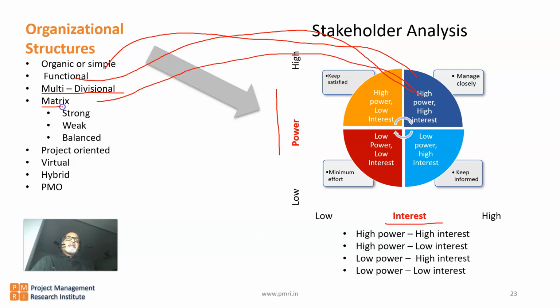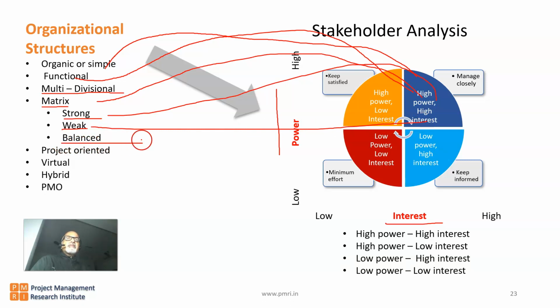And in a matrix structure, if it is a strong matrix, the project manager will fall into high power, high interest. In a weak matrix, the functional manager will fall into high power, high interest. In a balanced matrix, maybe both the project manager and the functional manager will belong to the high power, high interest segment. And in a projectized organization, all the project managers will fall into this high power, high interest category.